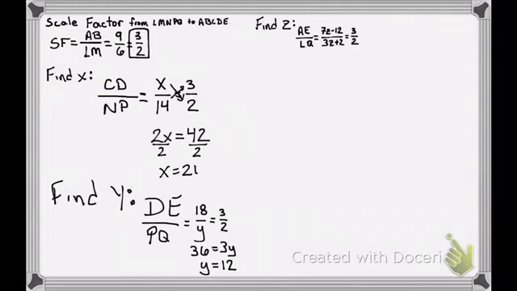So 7z minus 12 over 3z plus 2 must equal 3 over 2. And now I can employ the exact same strategy that I used for the others. I can cross multiply. So I'm going to multiply 2 times the 7z minus 12, and that's going to be equal to 3 times the 3z plus 2.